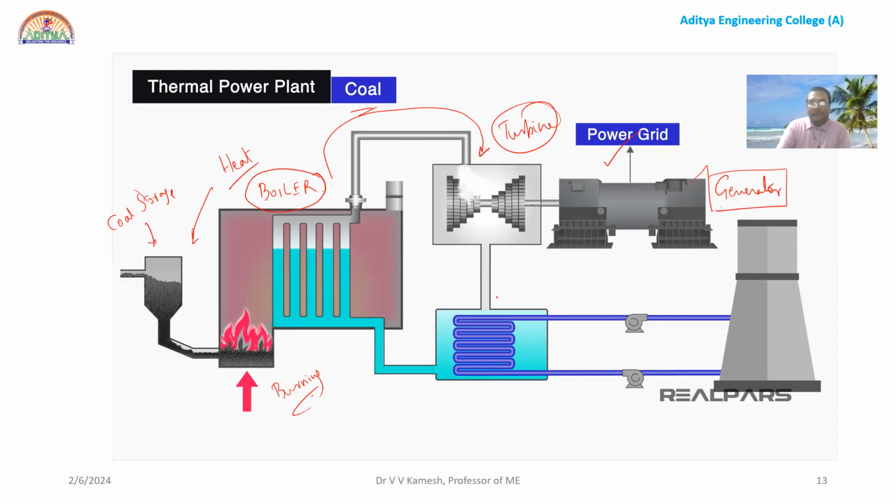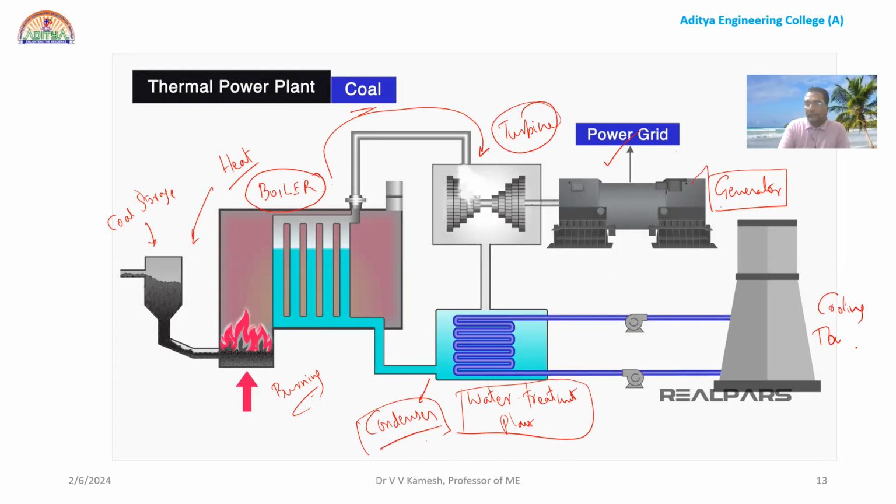You can make a box here, and the boiler is attached to the water treatment plant. And this integral part is called condenser. And these are the water pipelines, and this is cooling towers, or you can write the cooling system, right?